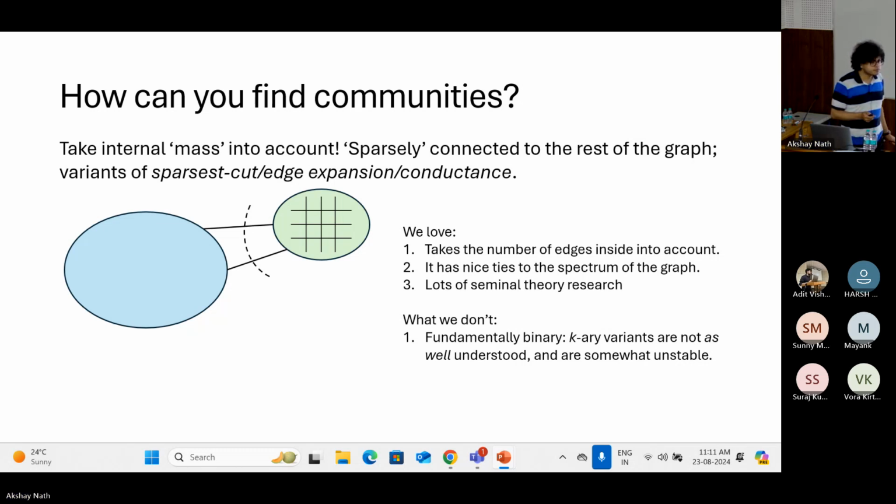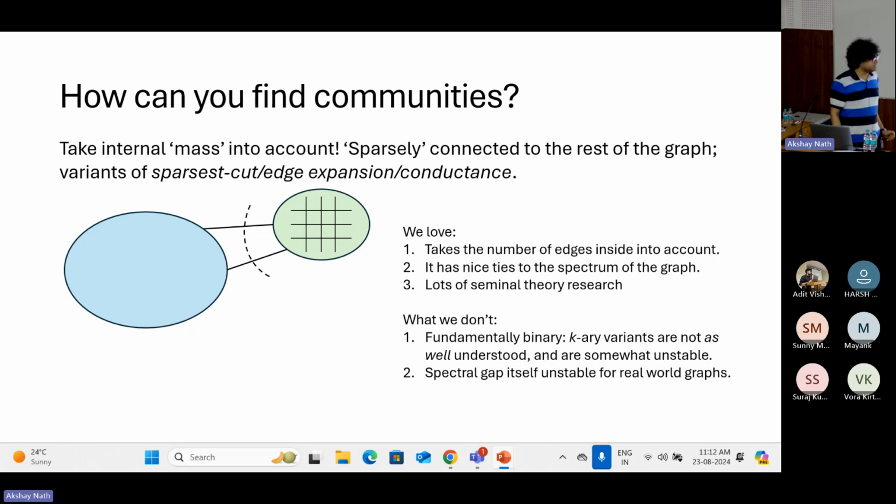So fundamentally, the sparse cut research that at least I know of cares about dividing your graph into two pieces, or at most a constant number k of pieces. In many cases, you might actually have the number of these communities, loosely speaking, grow with the size of the graph as well. And in that case, I don't think the theory is there yet. I don't know if people have studied that, but to the best of my knowledge, people have not.